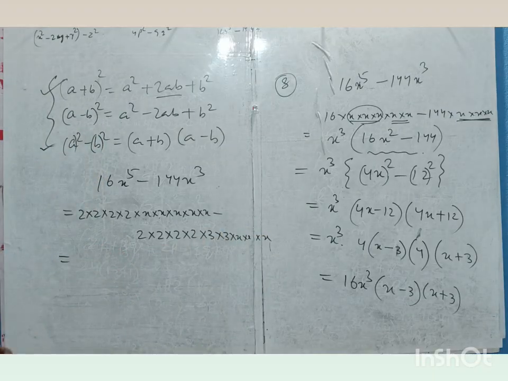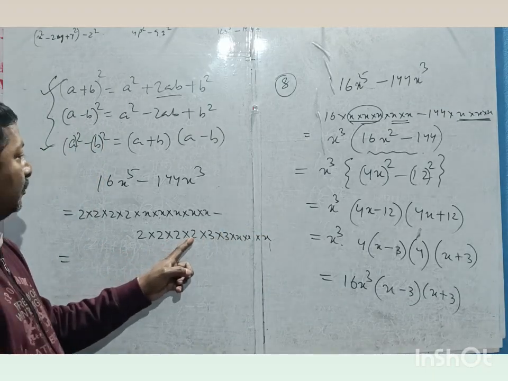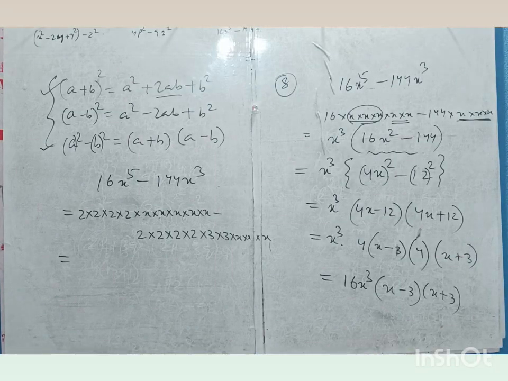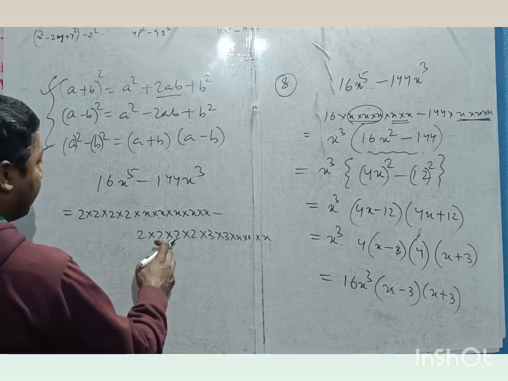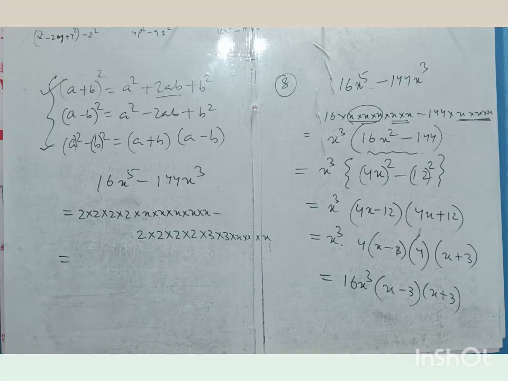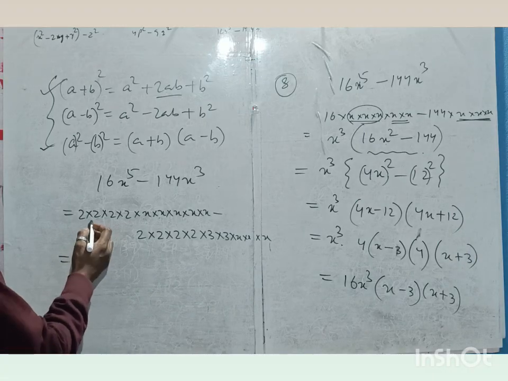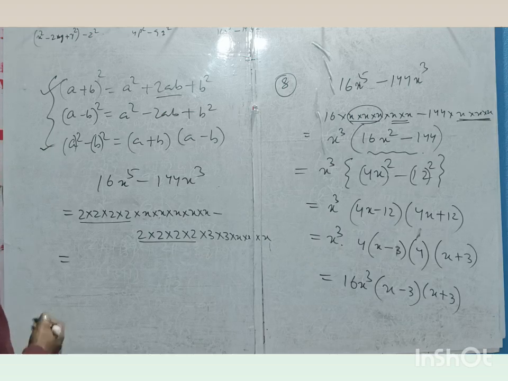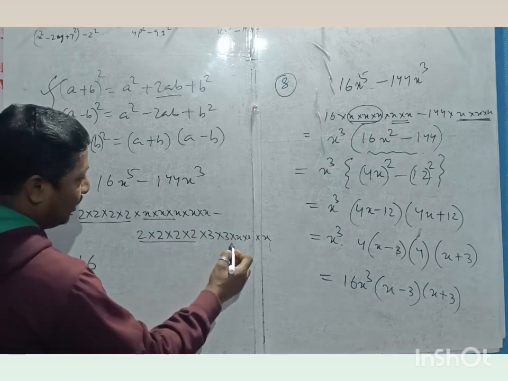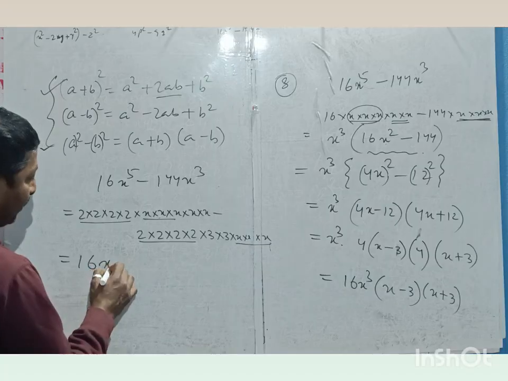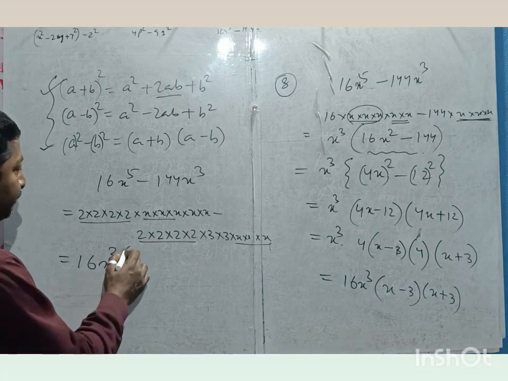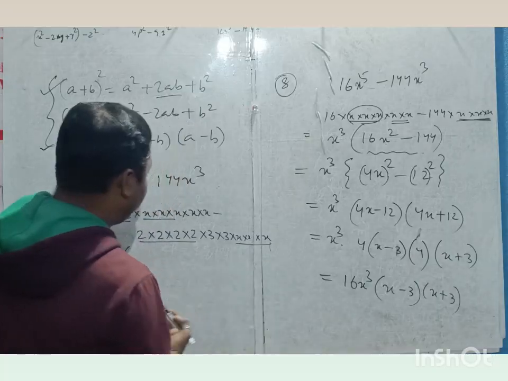Okay, so what is common? Here four 2's are there, here also four 2's are there, so 16 can be taken common. x is multiplied three times in both, so x^3 can be taken. So write down 16x^3 from this one.